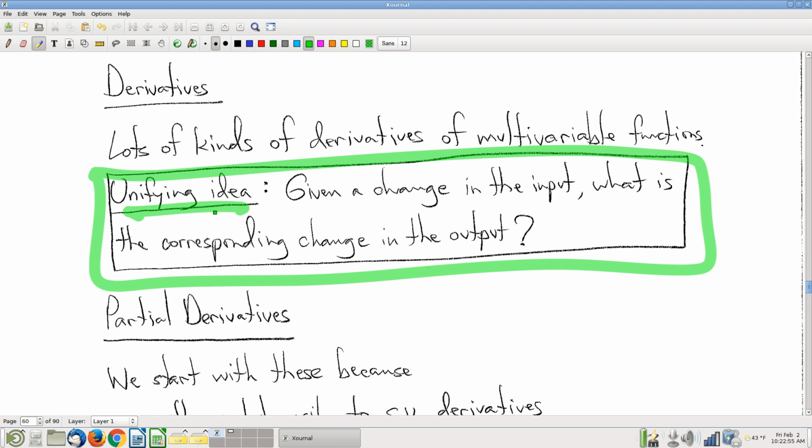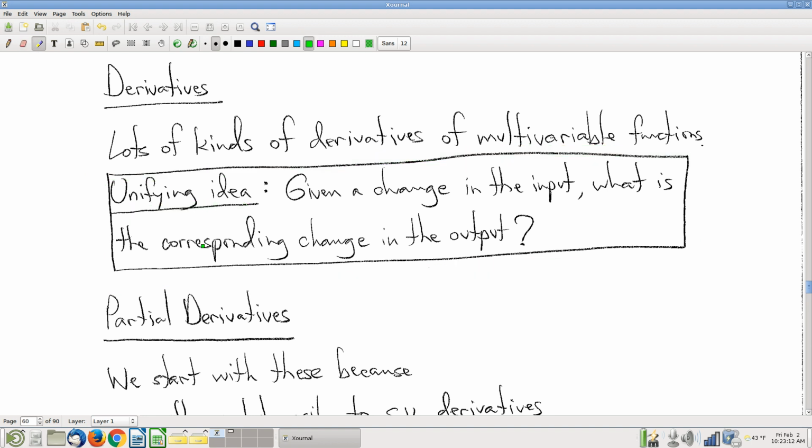So all of the derivatives that we're going to talk about in this class will, in their own unique, different ways, relate input changes to output changes. When you tweak the input a little bit, how does that tweak the output correspondingly? Okay, so you'll look for that unifying idea as we go through this.